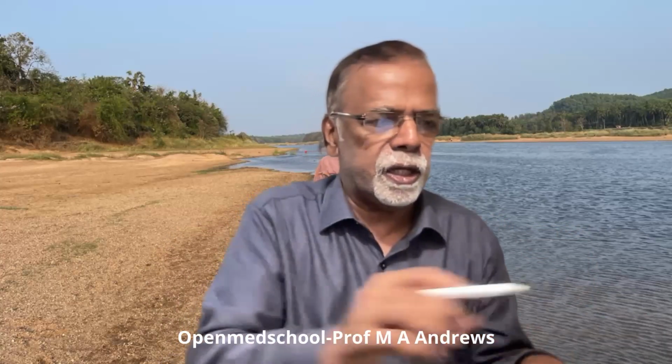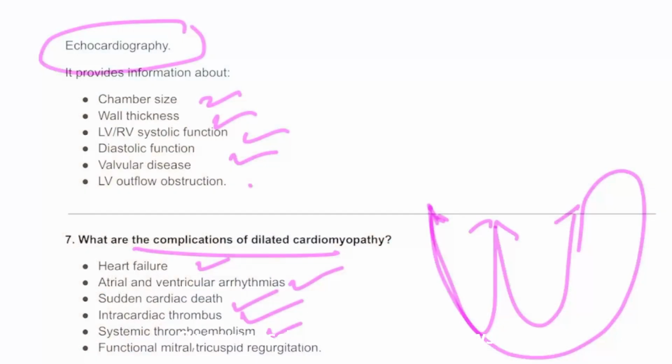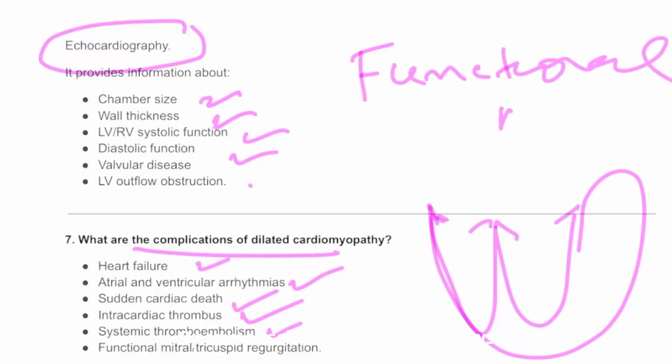Remember that in dilated cardiomyopathy, the ventricles are dilated. So what happens? The valves get separated. So there is a functional mitral or tricuspid regurgitation. This is functional; the valve is normal. Functional MR and TR can occur. So these are two murmurs that you can get in dilated cardiomyopathy.